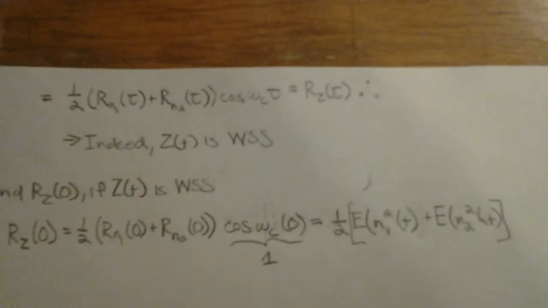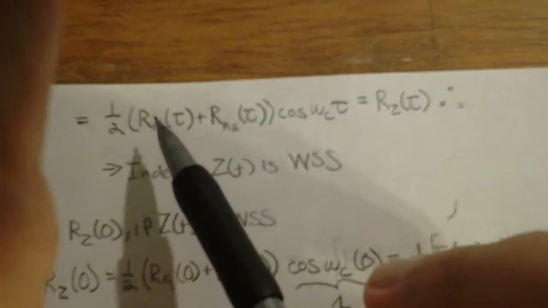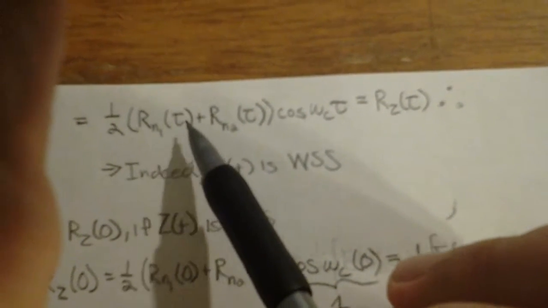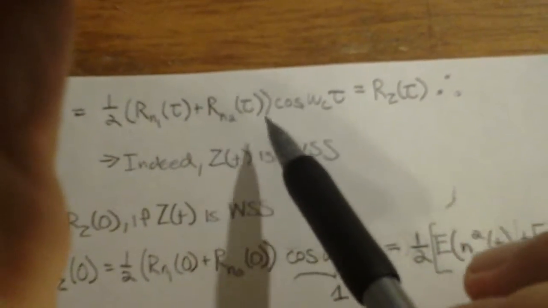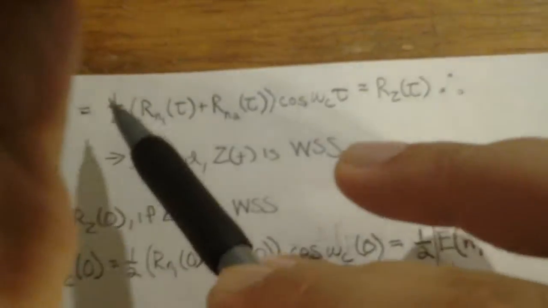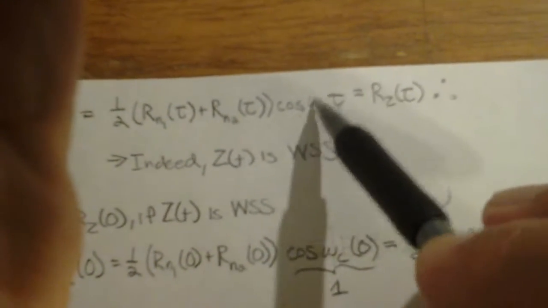The arithmetic continues up here, and what we end up with when everything's said and done, when we integrate this, is 1/2 r sub n1 in terms of the difference of the times, plus r sub n2 in terms of the difference of the times, all of that divided by 2, times the cosine function in terms of the difference of the times with the omega.